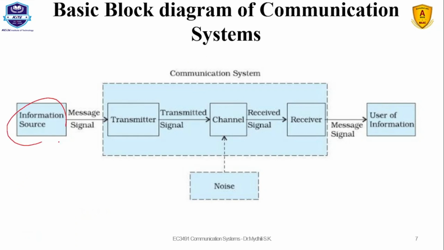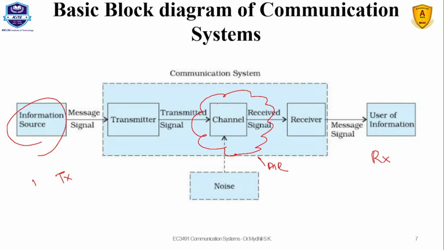The information or data from the transmitter end is given to the receiver end. This is one point and this is the other point. In between, we need to communicate through a device, that is, the channel. Here the channel is nothing but air. The medium here is air. So basically a communication system consists of an input.